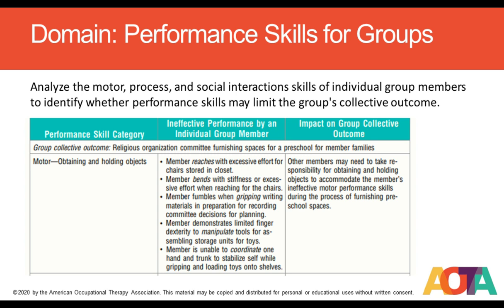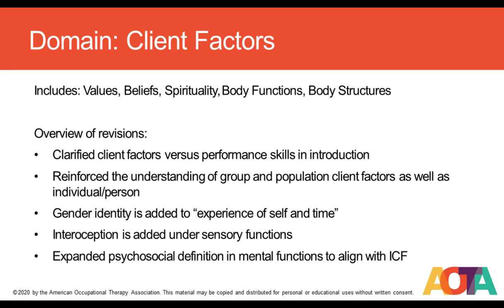Lastly, the table provides the potential impact on others in the group who need to accommodate in order for the group to reach its collective outcomes. Next, Krista will discuss the changes in client factors.